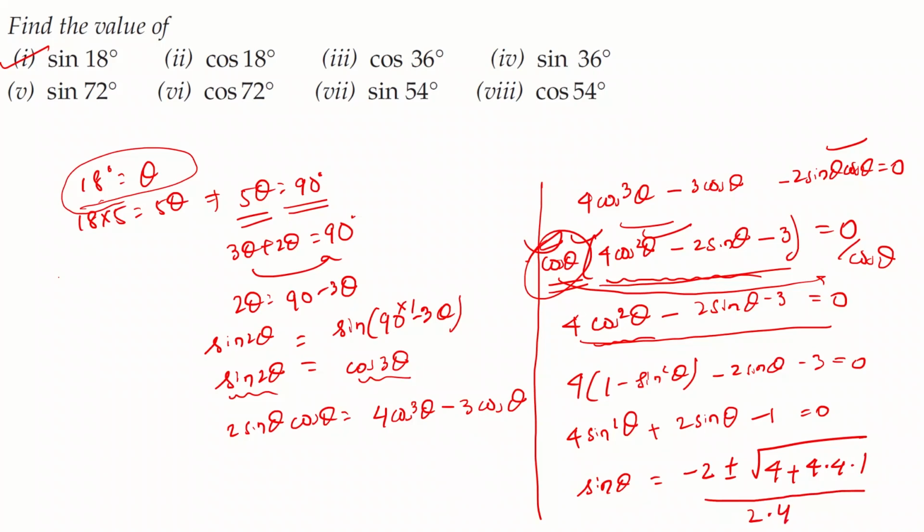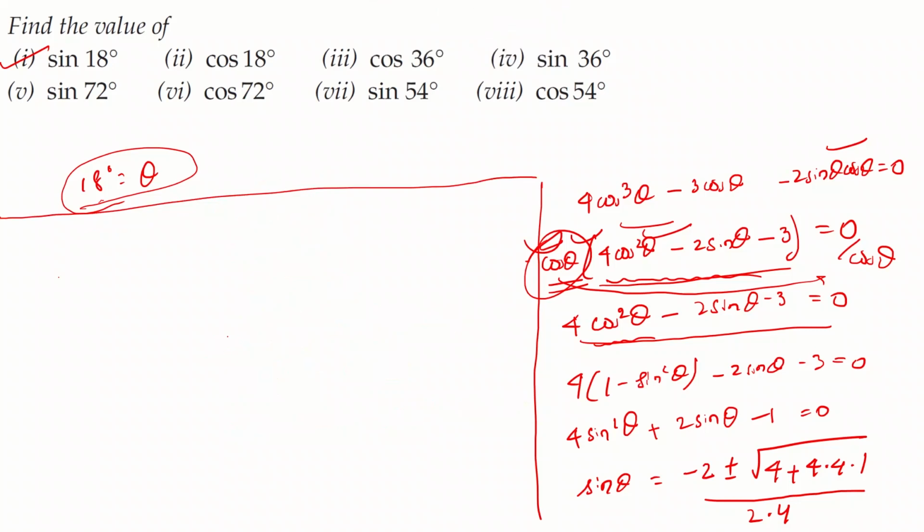So let me clear the left side portions. Okay, so sine theta is equal to minus 2 plus minus root of 4 times 4, which is 16, plus 4 is 20, whole divided by 8. So minus 2 plus minus root 20, which can be written as root over 5 times 4.